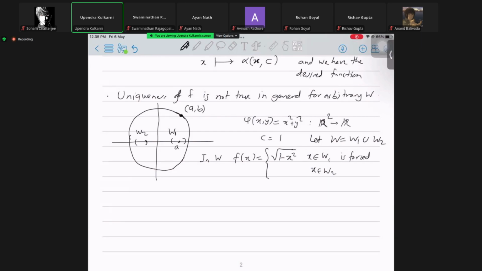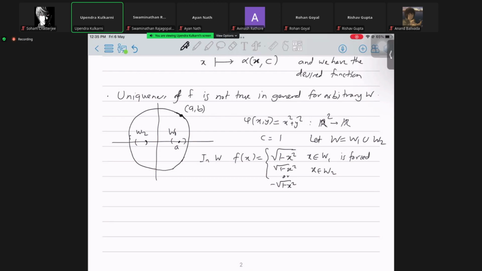I mean, this is a very silly point, but do you see what is happening? That in W2, in order to ensure that I am getting y in terms of x, I can really choose square root of 1 minus x squared, or the negative of it. Of course, I have to choose the positive sign throughout, or I have to choose the negative sign throughout on W2, because otherwise the function will be discontinuous over there. But either one will work, right?